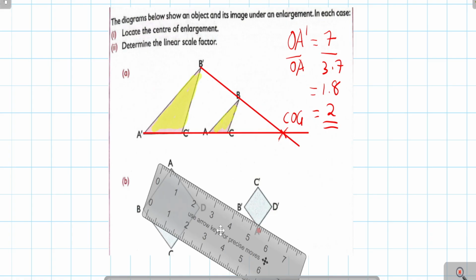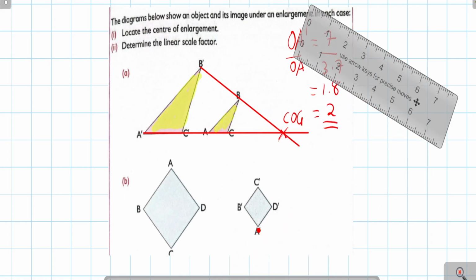Connecting, let me not use a ruler, ni heri nitumie tu hii. So you're connecting this one to this one. So object to image, object ni A, image yako ni A prime. So connecting, extend it.